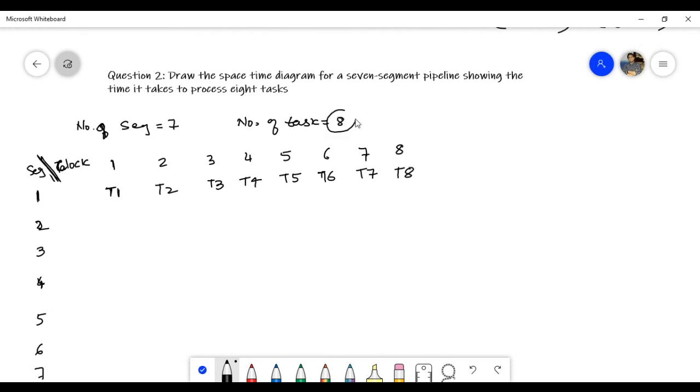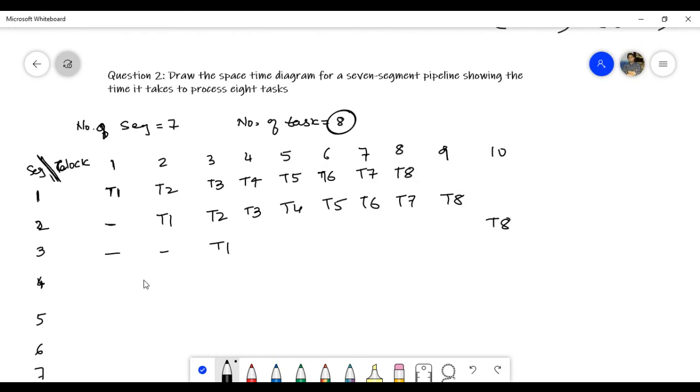You have only 8 tasks here. So in the next segment, T1 will shift over, then T2, T3, T4, T5, T6, T7, and T8. So it will go to the 9th clock. The next is T1 to T8.